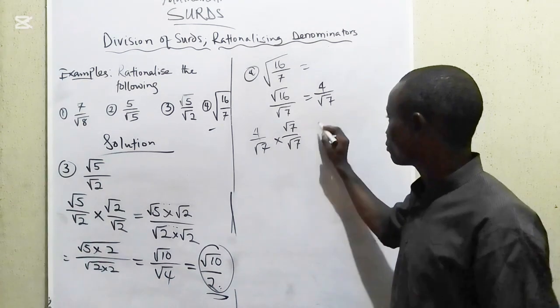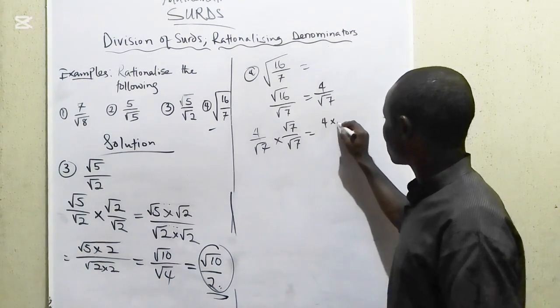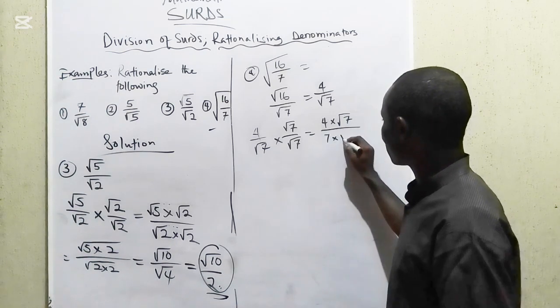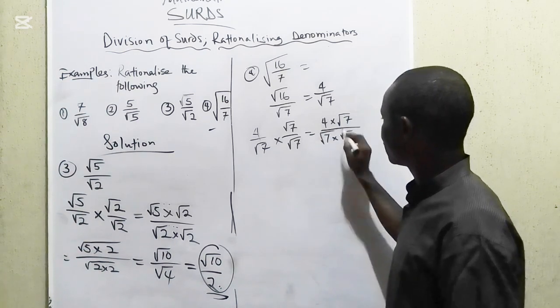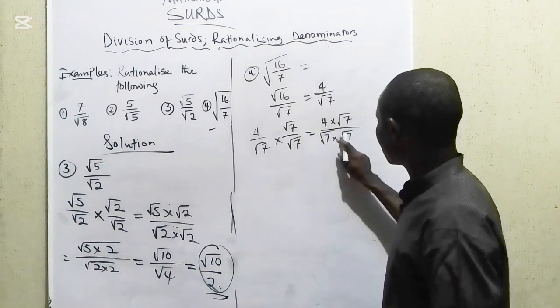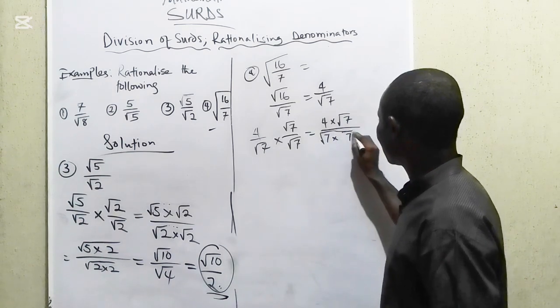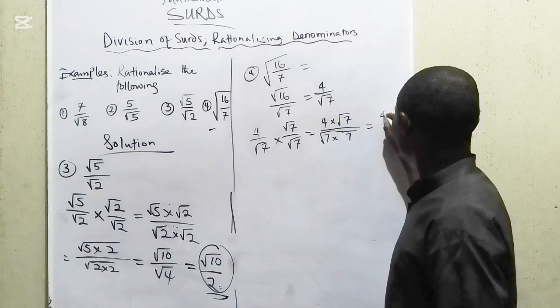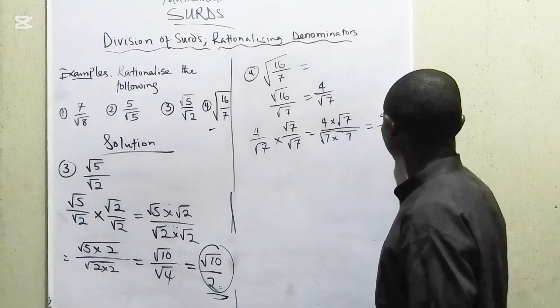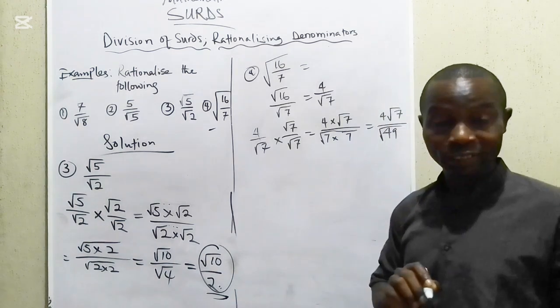Yes, 4 times root 7 is going to give us 4 root 7. This is going to be root 7 times root 7. Bring it together like we've always done here. So it's going to be 4 root 7 all over what? Root 7 times root 7, root 49. Is that not it?